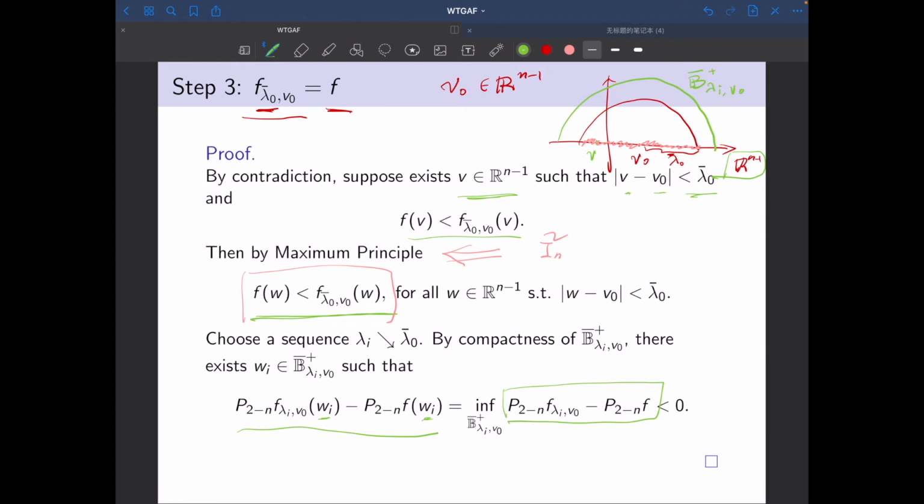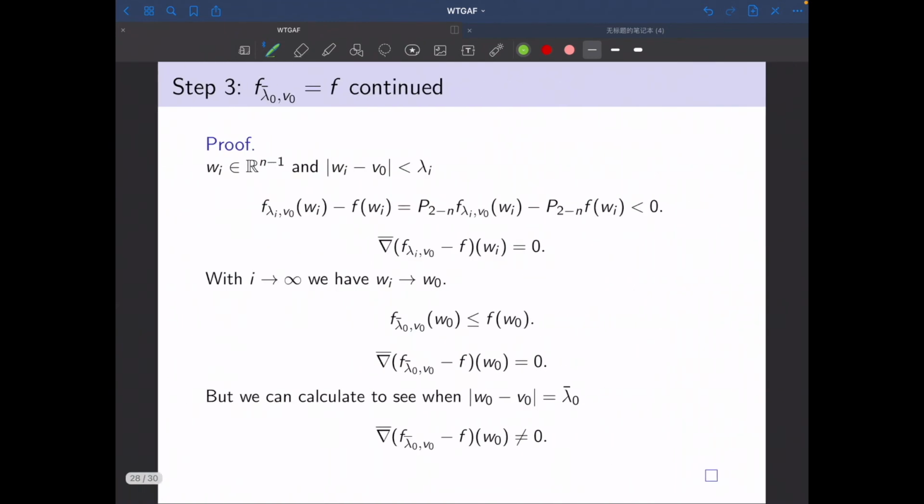The value of the difference at this point has to be strictly less than 0, and notice that it cannot equal 0 at this point. This is also because of the maximum principle of the Euler-Lagrange equation. Now a natural question would be, where is Wi?